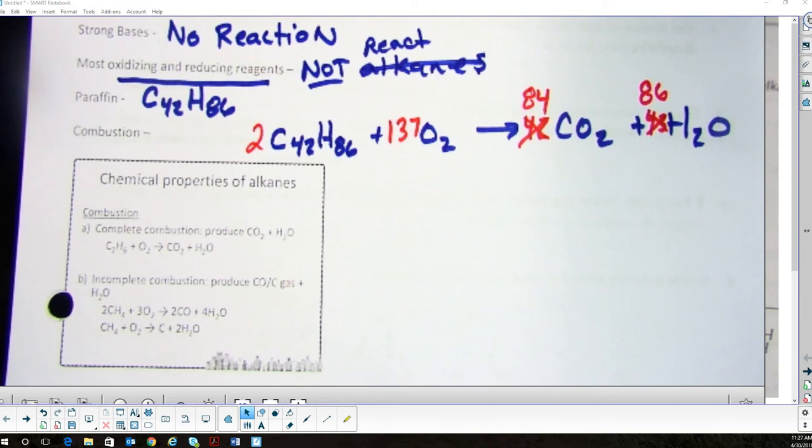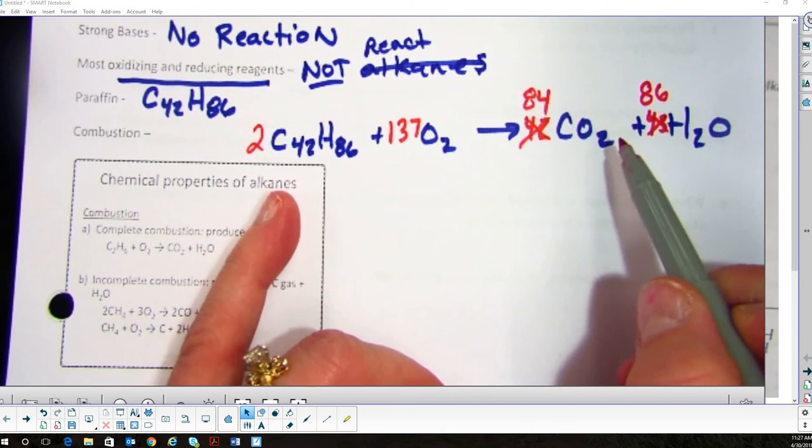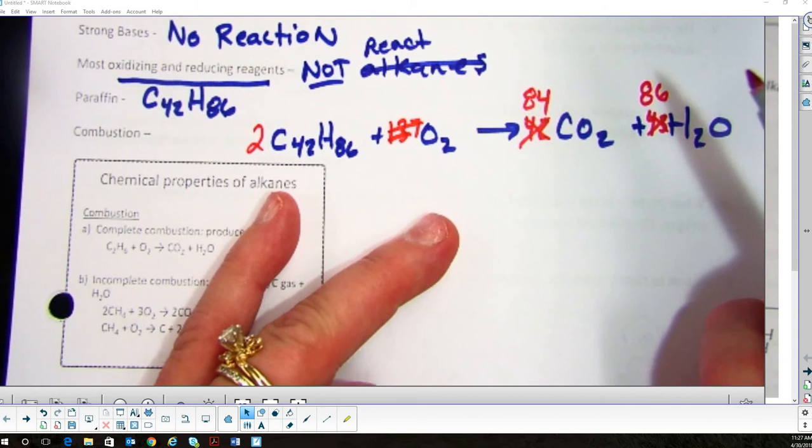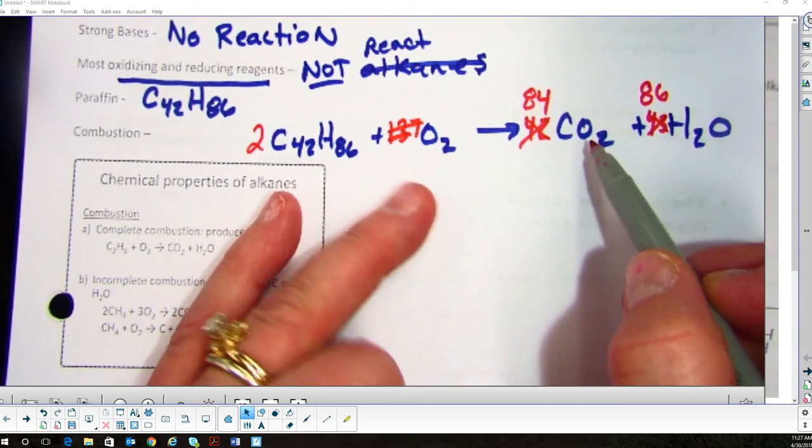Let's see how you did. So 2 times 84 plus 86 is 137? Nope, it's not. I screwed up. I didn't add right. 85, because 42 plus 43 is 85. So 85 oxygens. No, it still can't be 85.